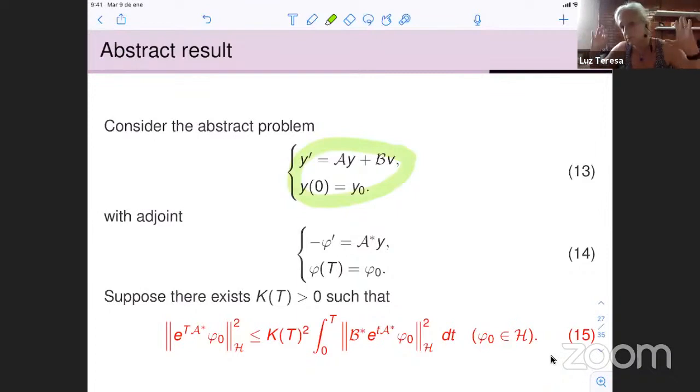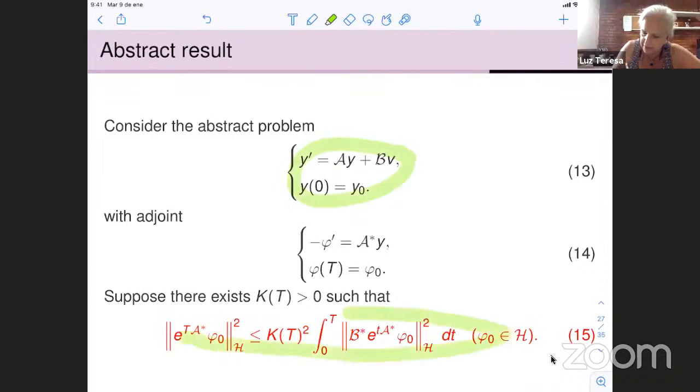And suppose that you have an observability inequality. So the observability inequality reads like that in this abstract situation, okay? So we have some estimate on the cost of the control. So this that depends on capital T is an estimate on the cost of the control, okay? So imagine that you have this beautiful inequality.